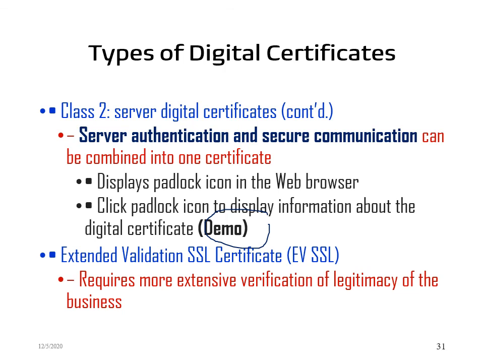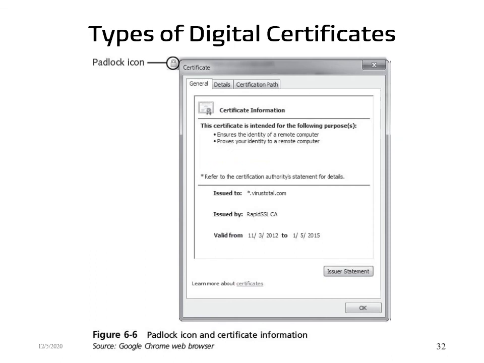There is a concept called Extended Validation SSL certificate, EV SSL. This can be used, for example, for e-commerce websites. You can search for EV SSL in the browser. It requires a more extensive verification of the legitimacy of the business. So this is another SSL certificate, used for e-commerce websites.